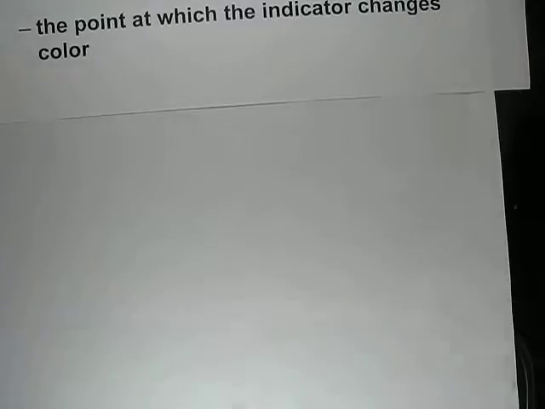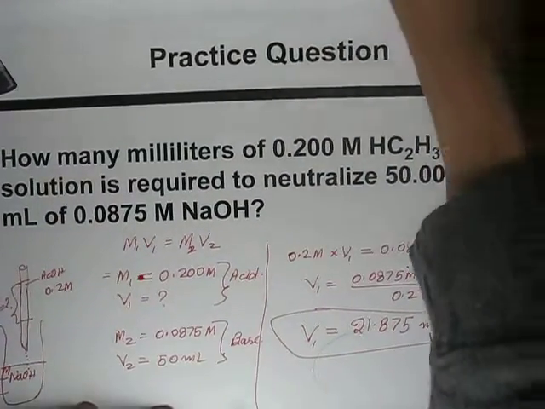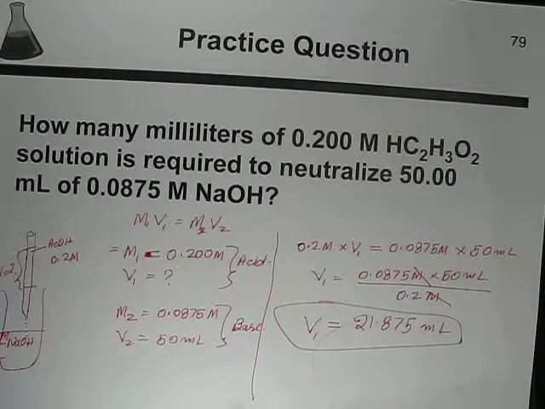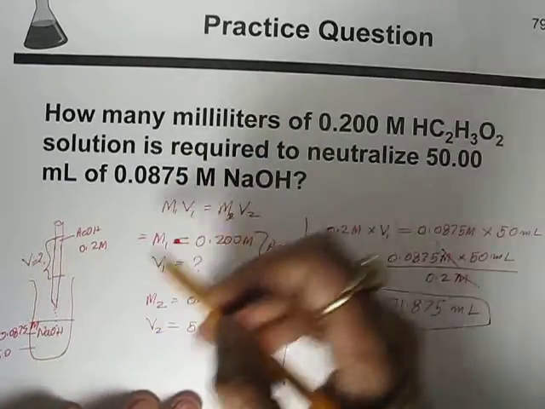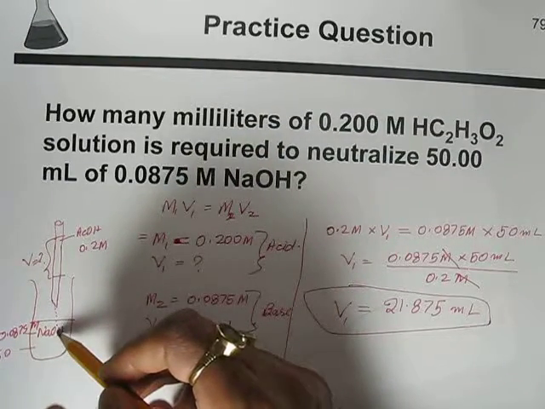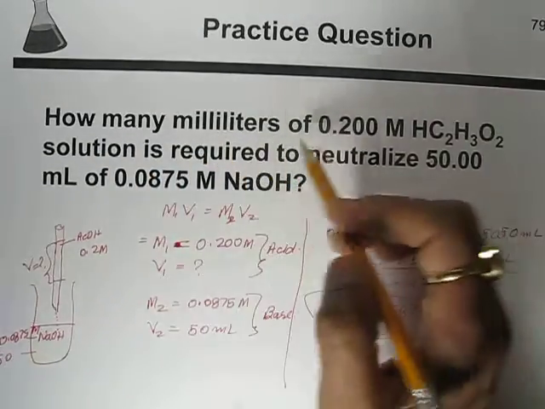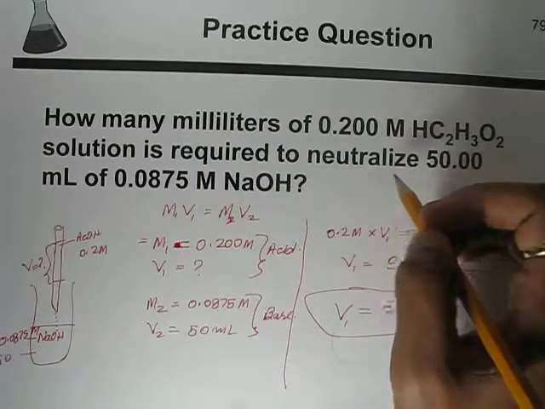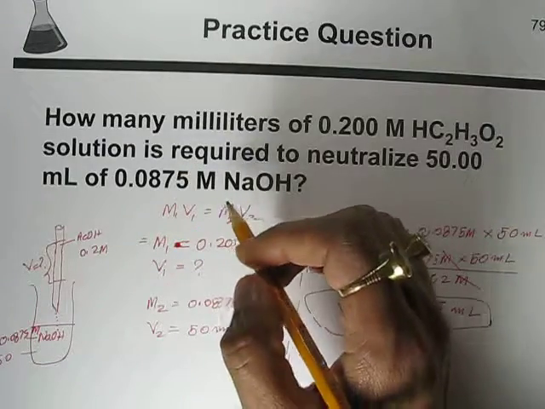So if we try to solve this question, basically we will take a NaOH solution. Here, NaOH solution: how many ml of acetic acid is required to neutralize 50 ml of 0.08 molar NaOH?